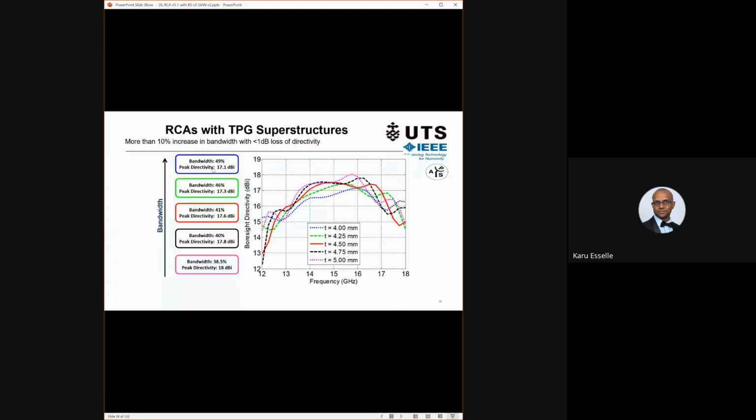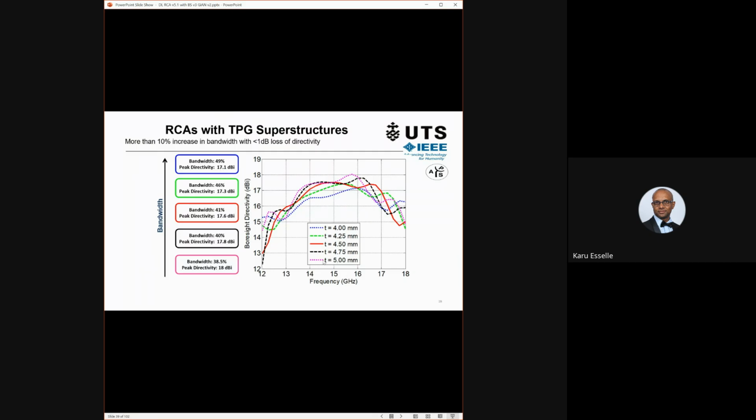The thickest thickness is not a lot, it's between 4 millimeter and 5 millimeter, right? The thinnest one, 4 millimeter, got the bandwidth of 49% and a peak directivity of 17 dBi.